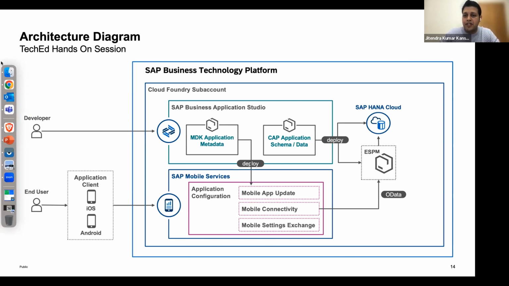Then this project will be deployed to BTP, which gets deployed to HANA Cloud and also generates an auditor service. This auditor service you will then configure in Mobile Services as an endpoint. Then from Business Application Studio, you will deploy your MDK application to the Mobile Services app update, which you will then access from the mobile client on your device.